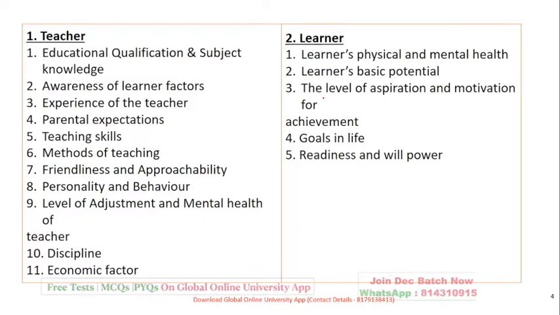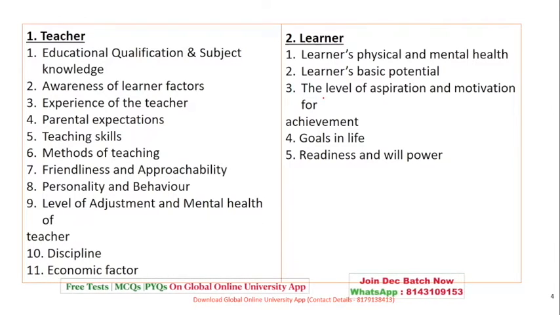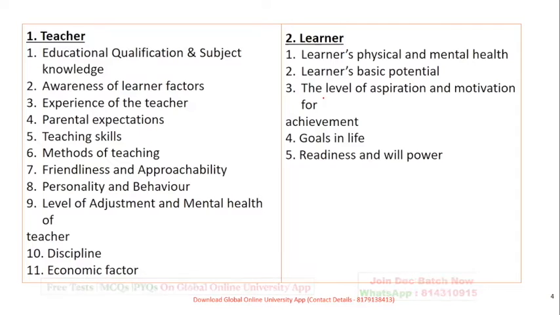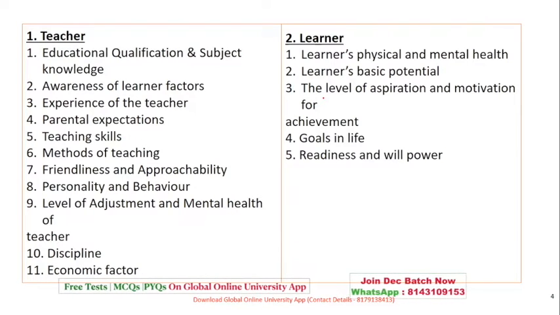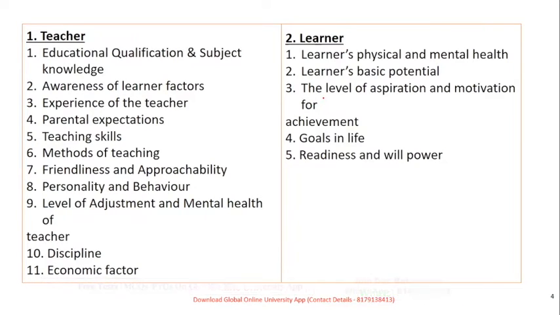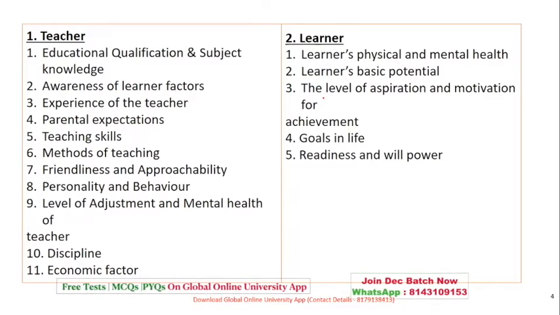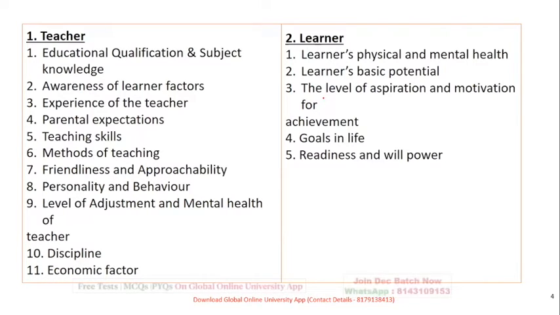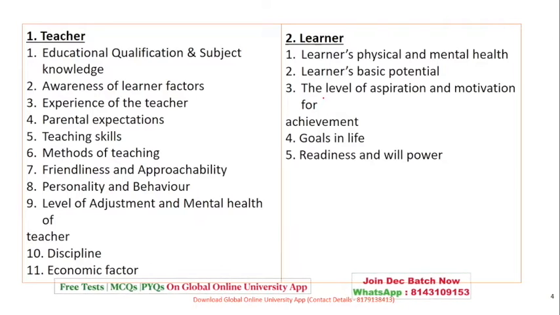When we go with the learner: the learner's physical and mental health, basic potential, level of aspiration and motivation for achievement, goals in the life of the learner, and readiness and willpower. Here also there were many questions in previous year examinations.